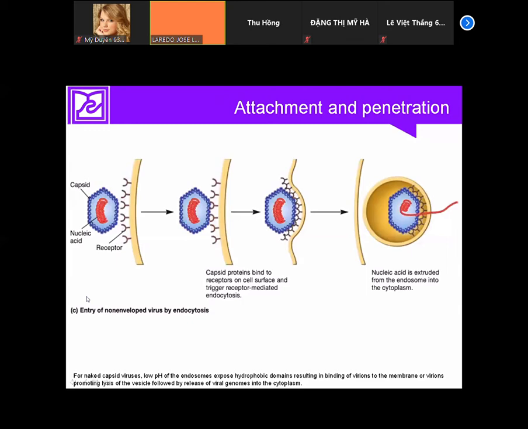And finally, this is a non-enveloped virus. This is a naked virus. This virus can enter inside the host cell only by endocytosis. So the proteins of the capsid bind specific receptors in the host cell membrane, and the virus enters inside by endocytosis.